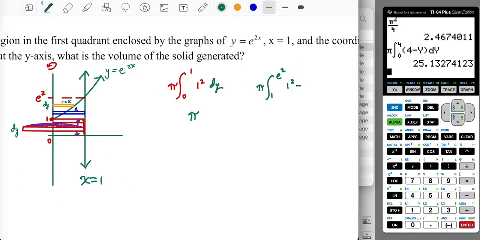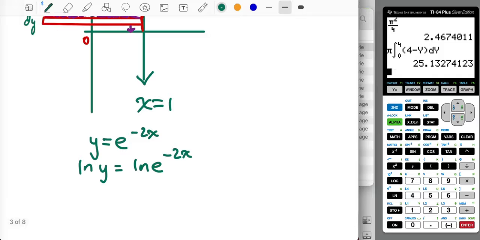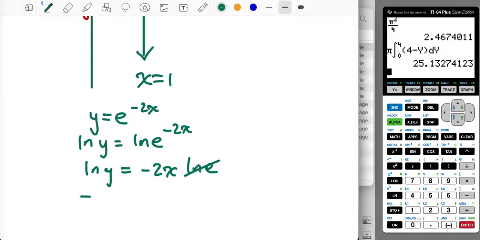But if I solve this for x in terms of y, so I have y equals e to the negative 2x, I would take the log of both sides. Ln of y is equal to ln of e to the negative 2x. So ln of y is equal to negative 2x ln of e. Ln of e goes to 1. So we're talking negative 1/2 ln of y is equal to x.